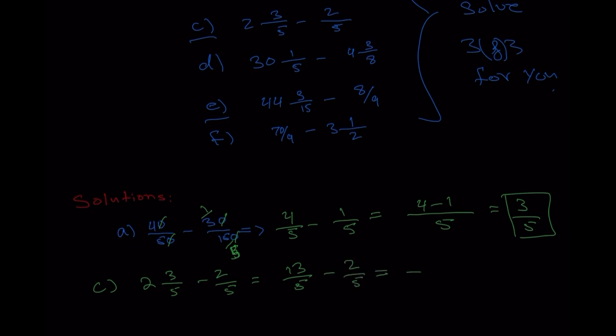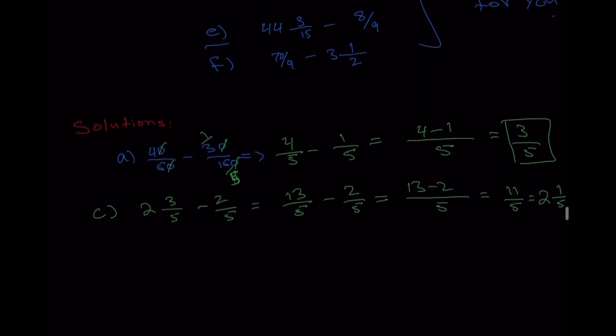We have the same denominator, and we will subtract the numerators. 13 minus 2 will give me 11 over 5, which will give me 1 as a whole number, 6 over 5. We can do better. It'll give me 2, 1 over 5. That will be a mixed fraction. This is an improper fraction.